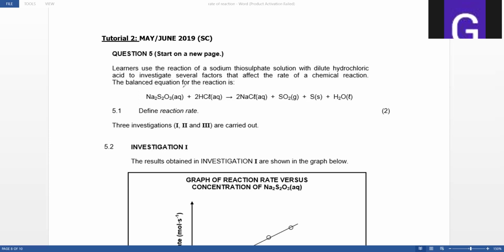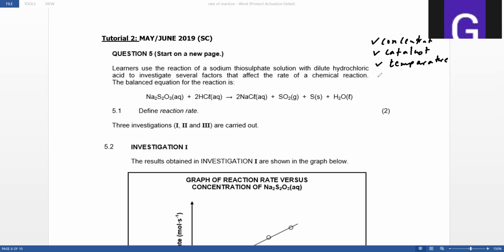So when we look at these reactants, the factors that might affect the rate might be, number one, concentration. If we were to compare, because we are given aqueous solutions, we might add a catalyst. If it's there, we might increase the temperature or decrease it. Temperature might be a factor.